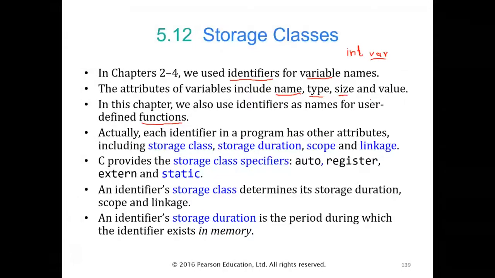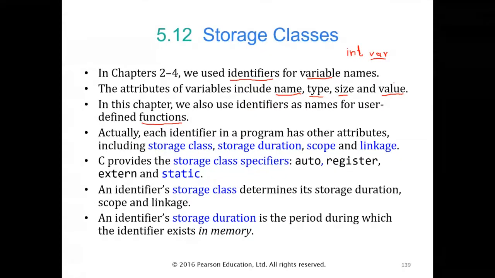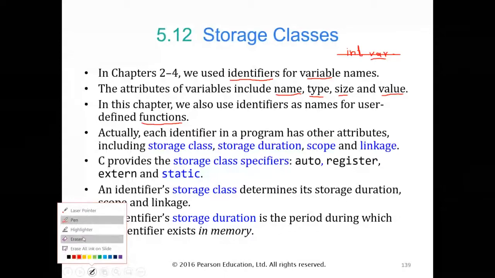Size is also another characteristic associated with a variable. How many bytes are used to store this integer? And then value. What is the value that is assigned to this variable? Do I set it to something like 0, or something else?